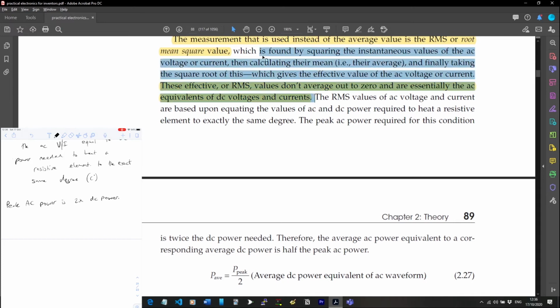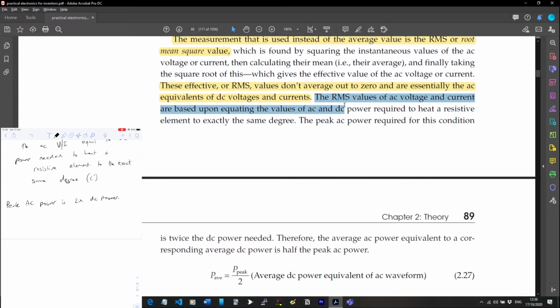So we've discussed how to calculate it, and now these values are based upon trying to get the AC power needed to heat an element, component or whatever, to the exact same degree, and making those AC values equal to DC values. And then the peak AC power required, so the maximum amount of power required for AC.